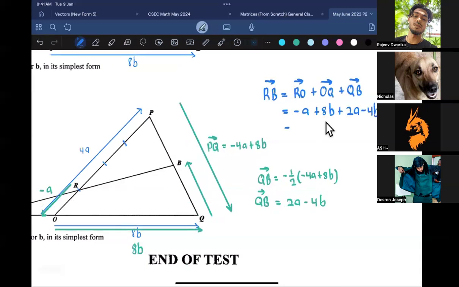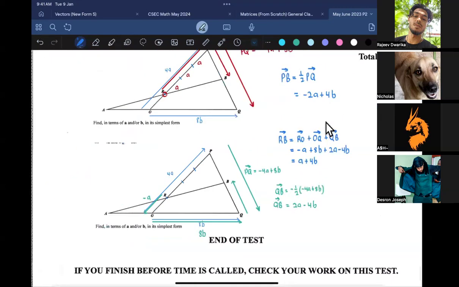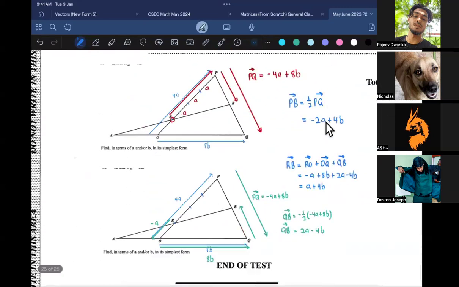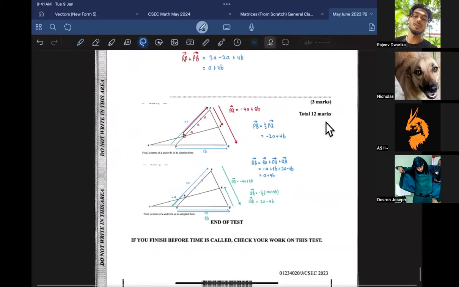Group together the like terms: where's minus A plus 2A? That is A. And where's 8B minus 4B? 4B. Is that the same answer we got? Yes, that was the same answer we got. Any method is correct.